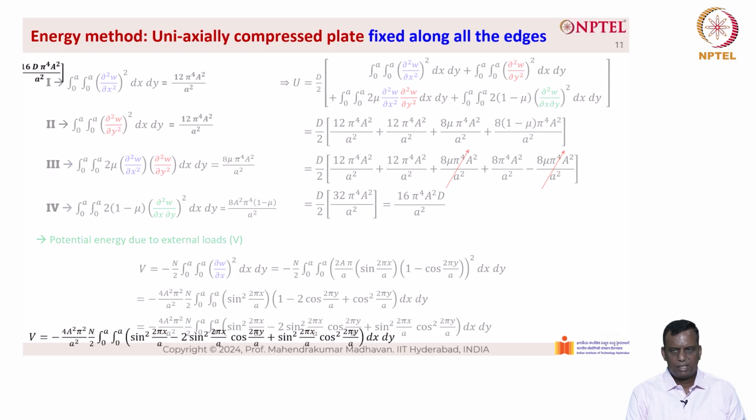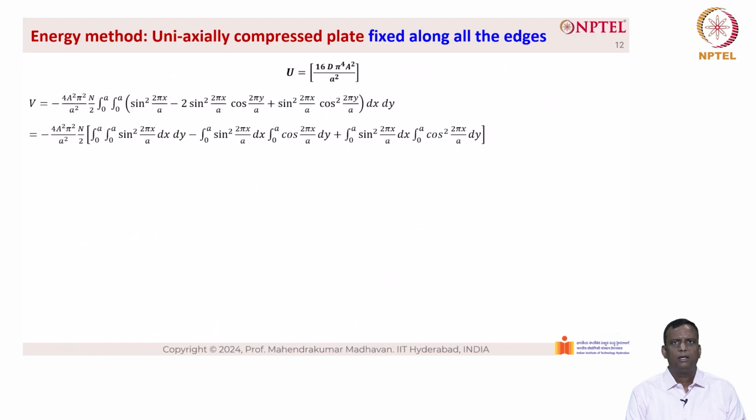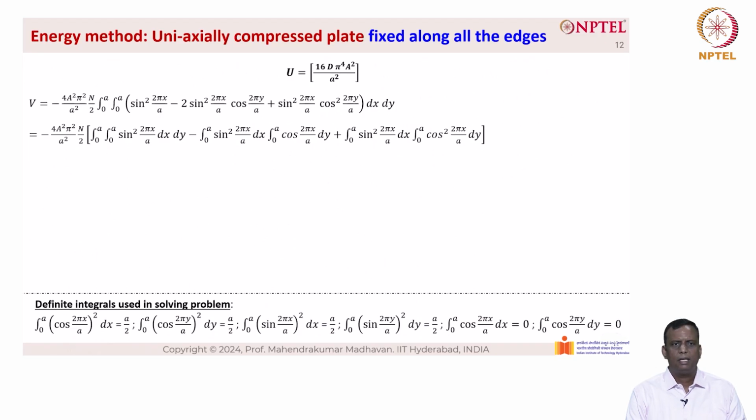So, we can expand this, we can multiply this, and we get the value based on the integrals that are given at the bottom. We have minus 4 into a square into pi square by a square into n by 2 into this term: sine square 2 pi x by a becomes a by 2, and the next term becomes a, and then we have minus a by 2 into 0 because cos 2 pi x by a becomes 0, and then the third term is integral 0 to a sine square 2 pi x by a becomes a by 2, and then integral 0 to a cos square 2 pi x by a also becomes a by 2.